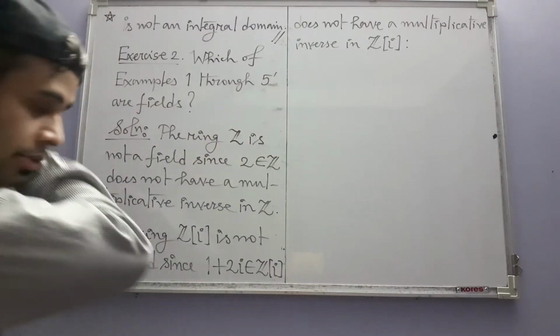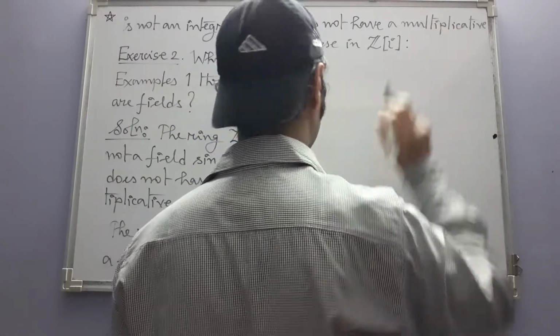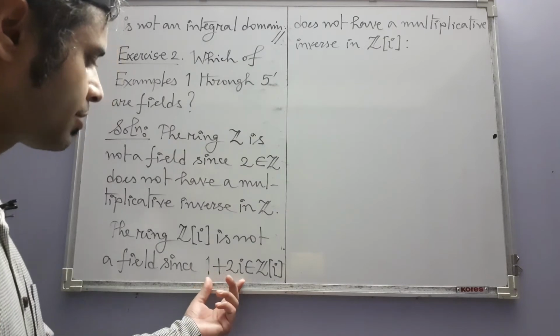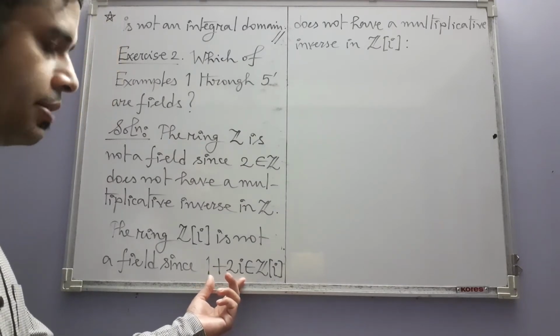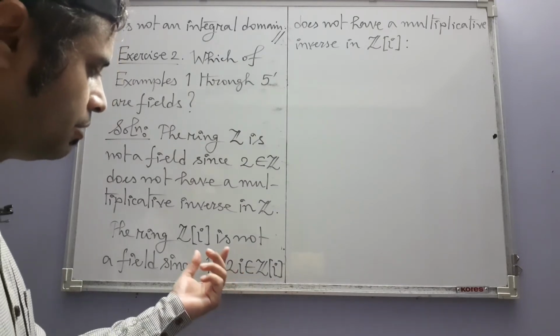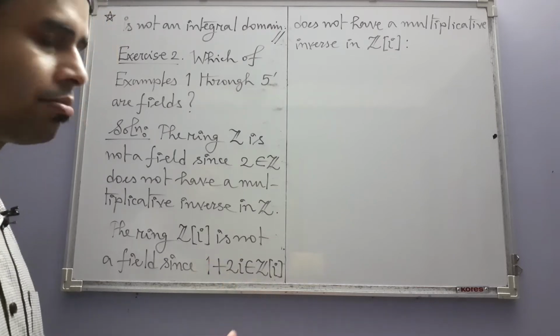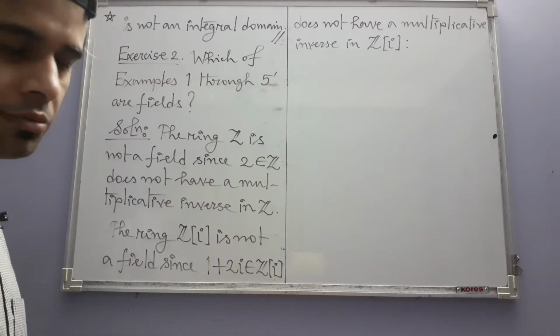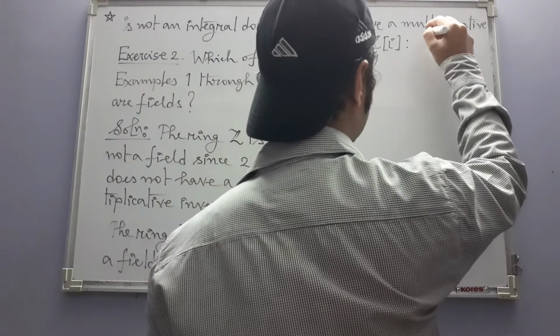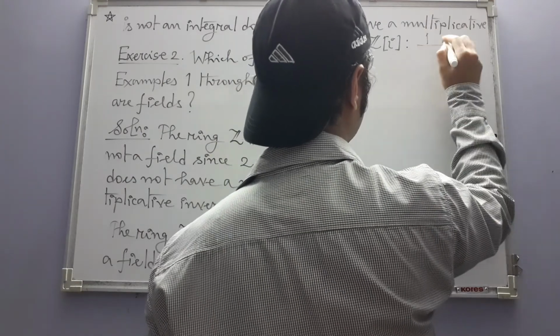Why? Because you see that this is after all a complex number and it's a non-zero complex number, so we know that in the field of complex numbers it has a multiplicative inverse, and that inverse is nothing but the reciprocal.